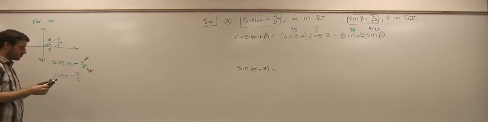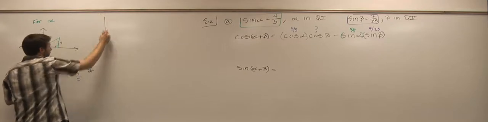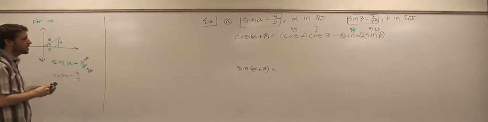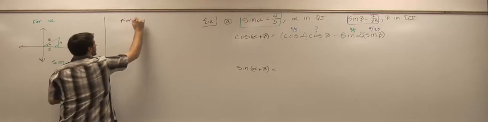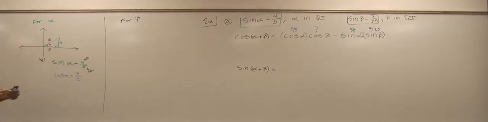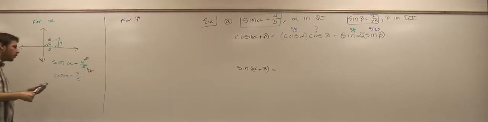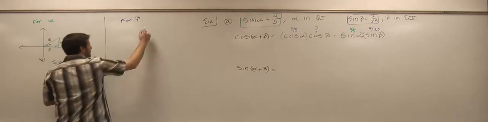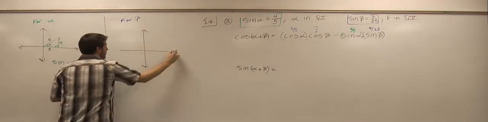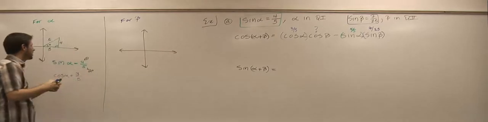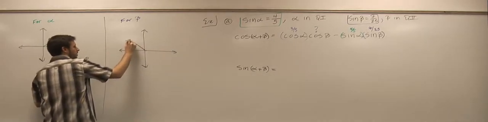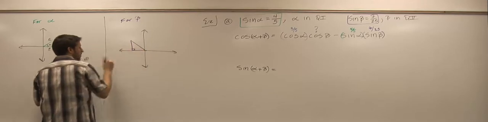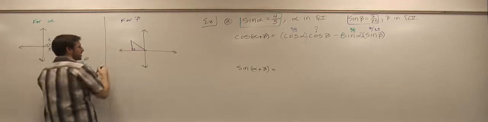So I'm almost done. Now I just need cosine of beta. Beta is in quadrant 2, so it's going to be a slightly different triangle. Beta ends up over here. This one's bigger.